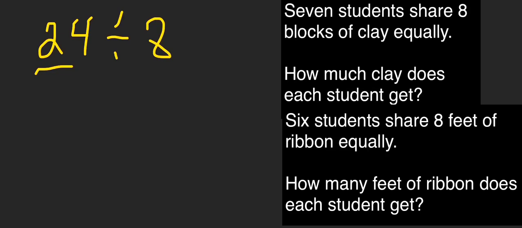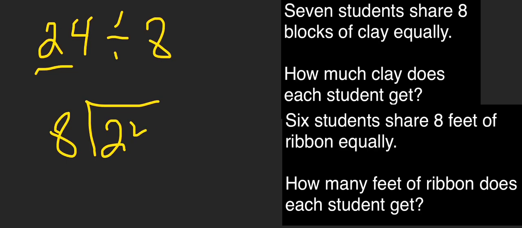So if we're doing it in this manner, how many groups of 8 go into 24, and there would be 3 groups of 8 into 24. So normally the dividend is the bigger number, but that doesn't have to be the case.